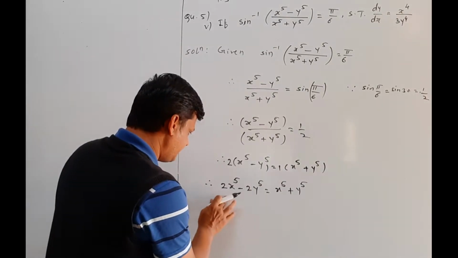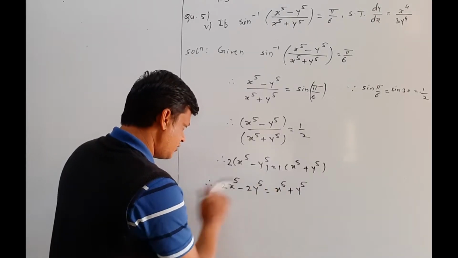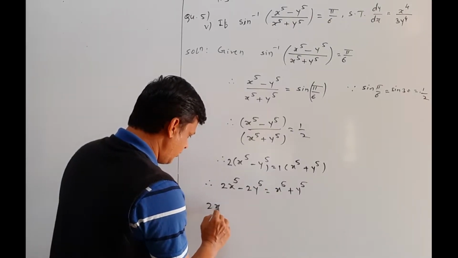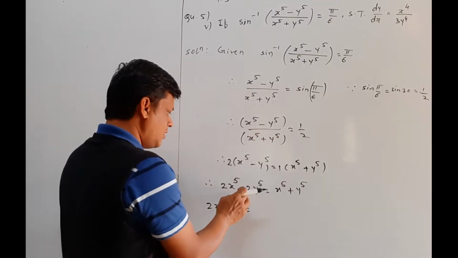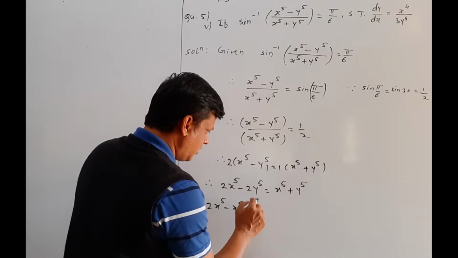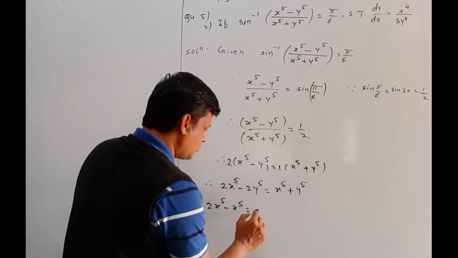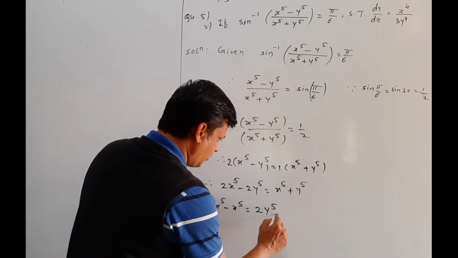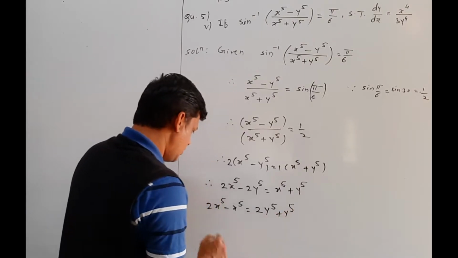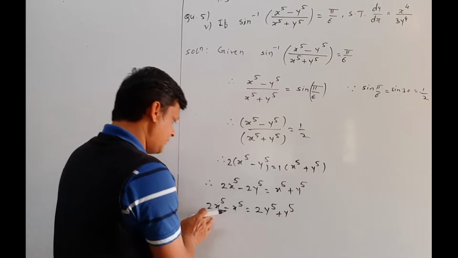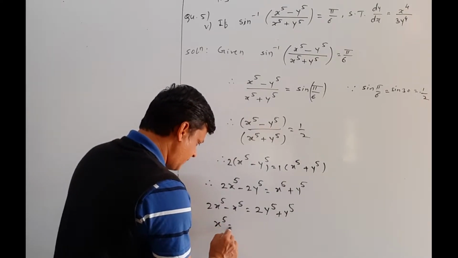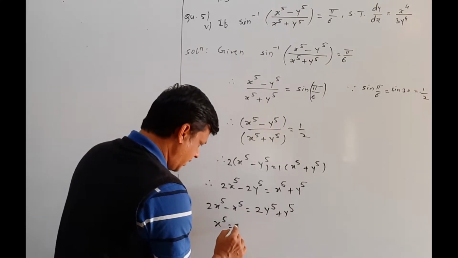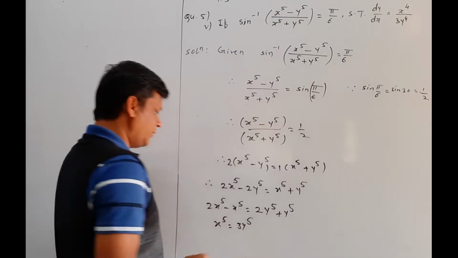So we write here x^5 to left hand side, we get 2x^5 minus x^5 is equal to, we transfer this minus 2y^5, so we write plus 2y^5 plus y^5. So we get here 2 times x^5 minus x^5 as x^5, and here we get 3 times y^5.